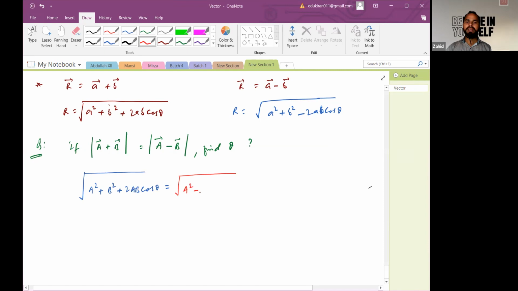So it will be root under A square plus B square minus 2AB cos theta. Now take squaring both sides. Then move each term to one side and simplify it to get theta. Try to solve.